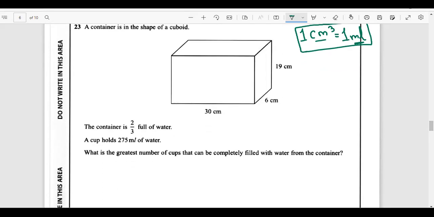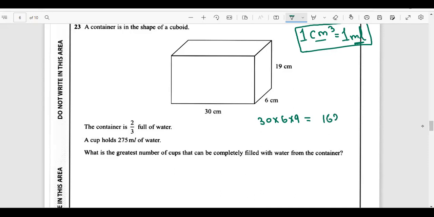So basically, this cuboid has volume 30 into 6 into 9. That is going to be, you can just find the value, and this would give you 1620.